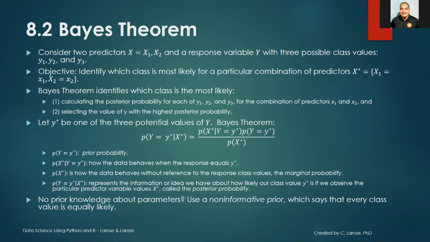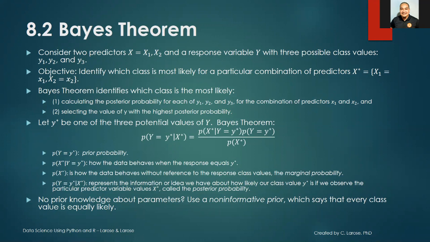Now, P(Y = y asterisk) represents the knowledge we have about how likely the class value y asterisk is before we even begin. Since that information is known prior to our analysis, we call P(Y = y asterisk) the prior probability.